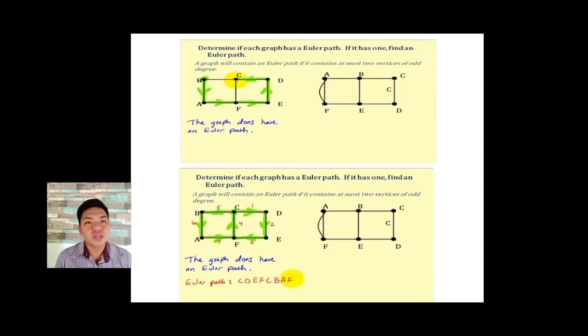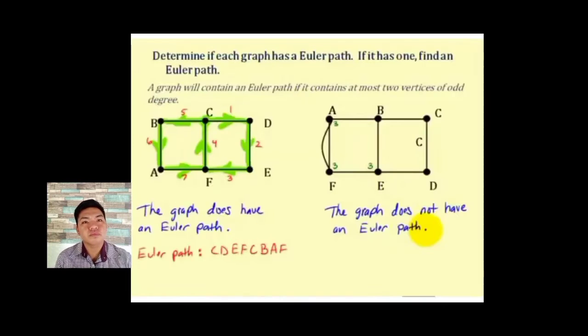So, simula sa C, papunta sa D, to E, E to F, F to C, C to B, B to A, and A to F. Euler path: C, D, E, F, C, B, A, F. A graph will contain an Euler path if it contains at most two vertices of odd degree.